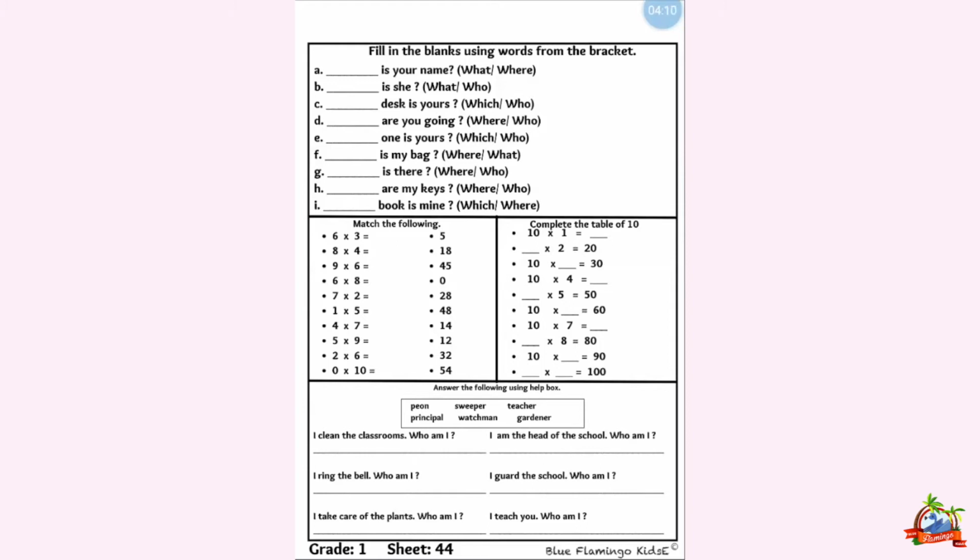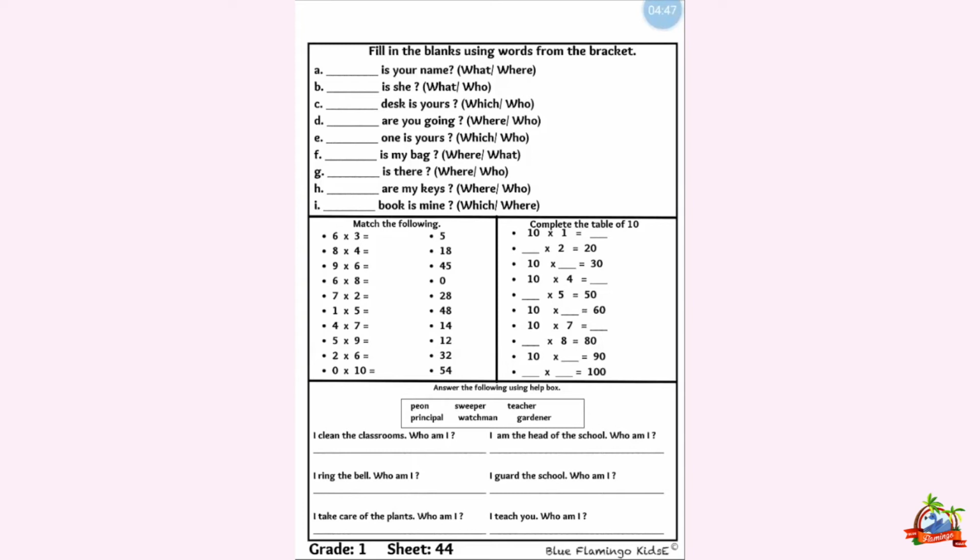So we will match it with 54. 6 8s are 48. So match it with 48. 7 2s are 14. So we will match with 14. Okay. So इस तरीके से क्या करना है? टेबल रीड करनी है और आंसर्स को मैच करना है. What we will do? Read the table and match the answers.